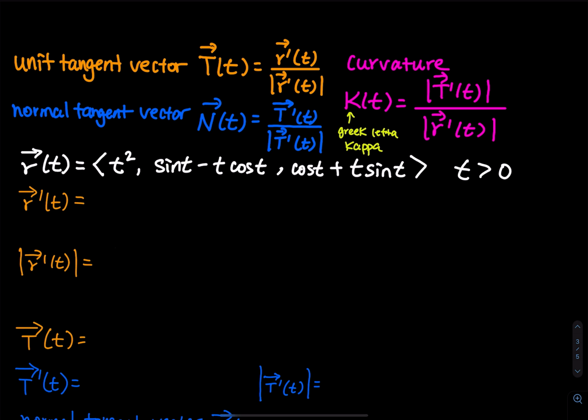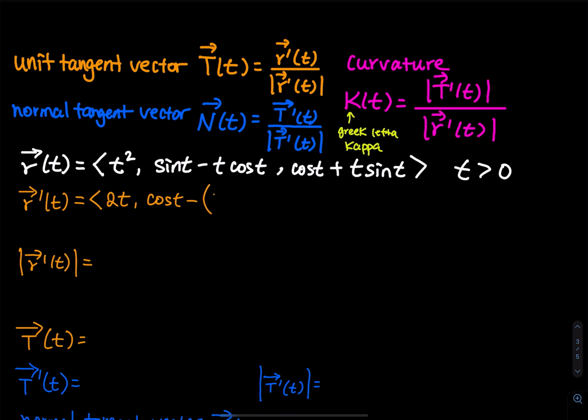So r prime of t: the derivative of t squared is 2t, and then the derivative of sine is cosine, and for this one we have a product rule, fg prime plus gf prime.